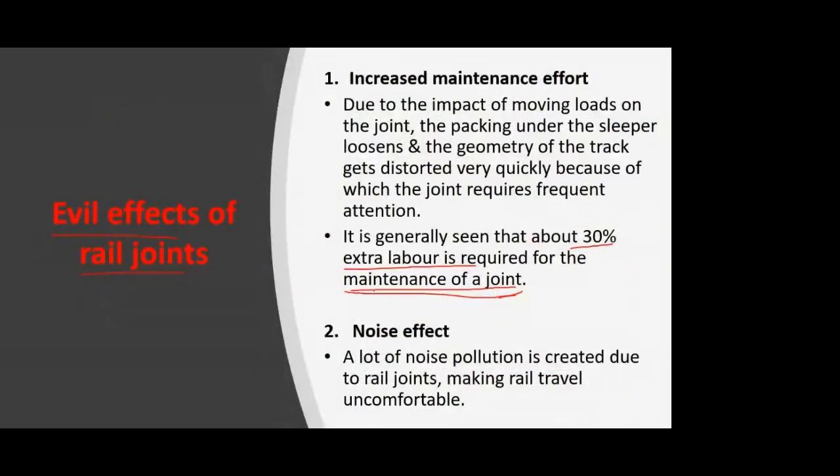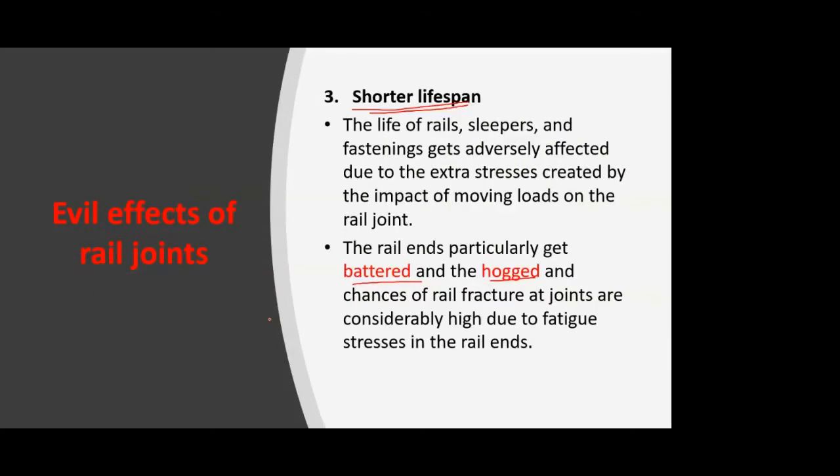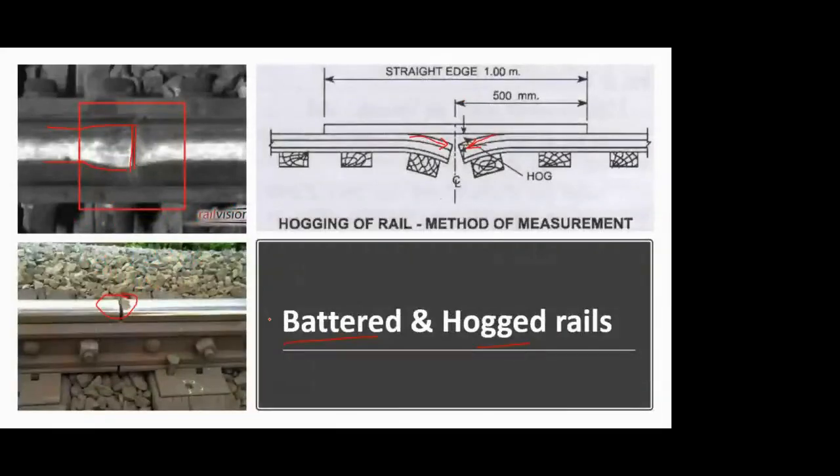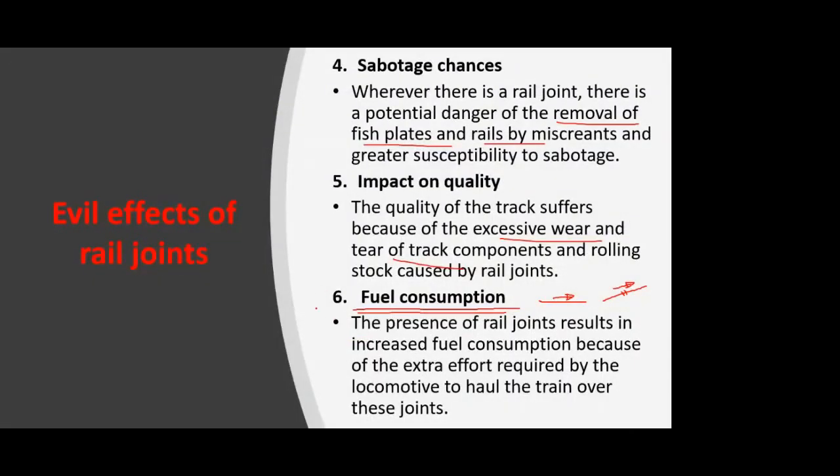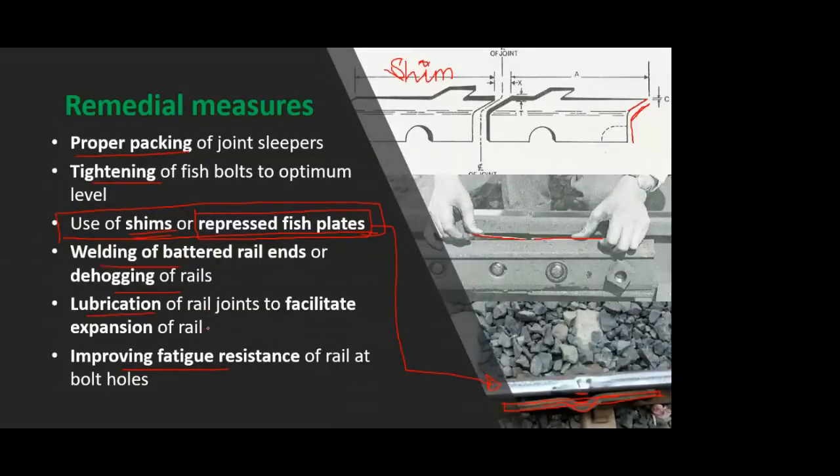Then we saw there are some evil effects or negative impacts of your rail joint, quite a few, 6 types of evil effects. And then we saw the remedial measures that can be done for overcoming this negative impact. So this is all for today.